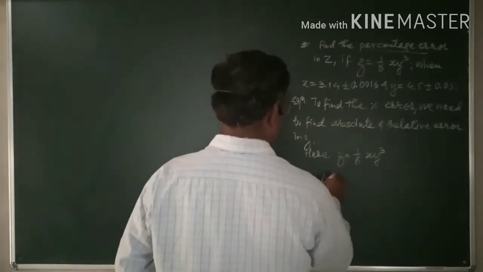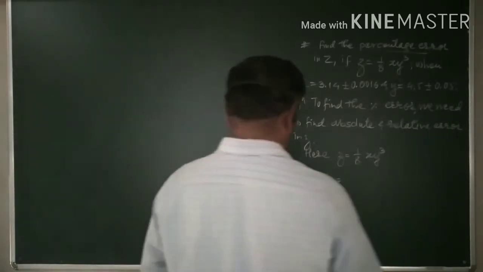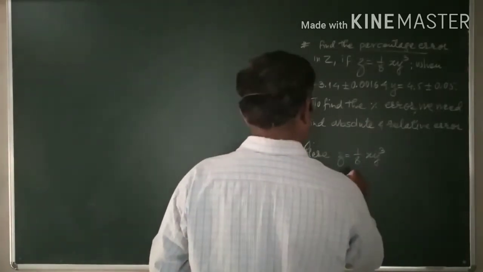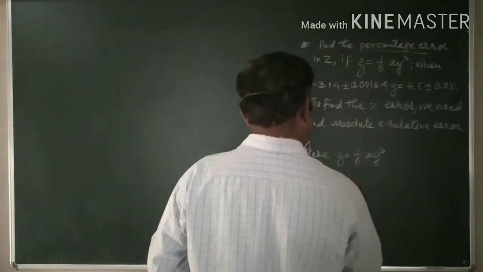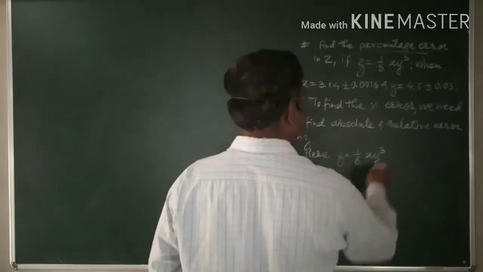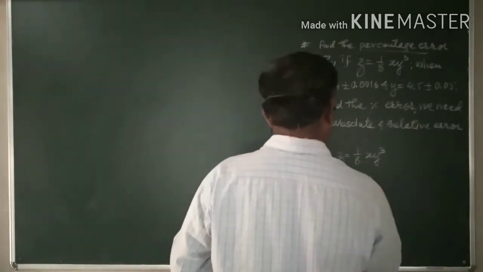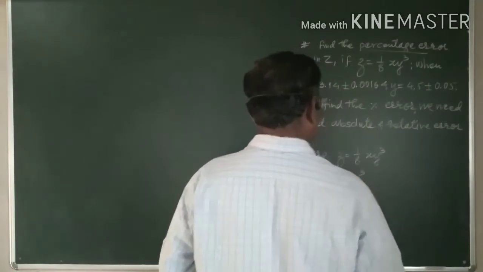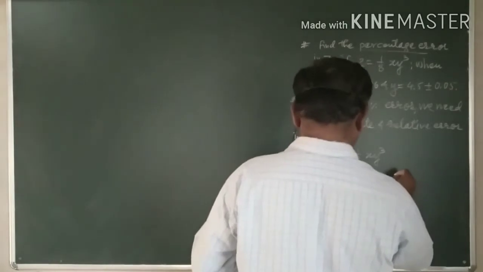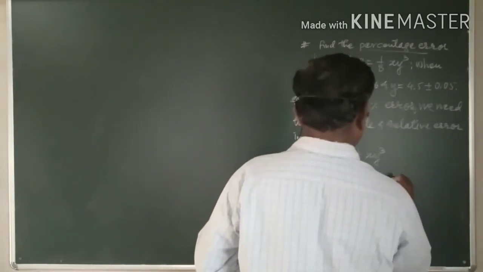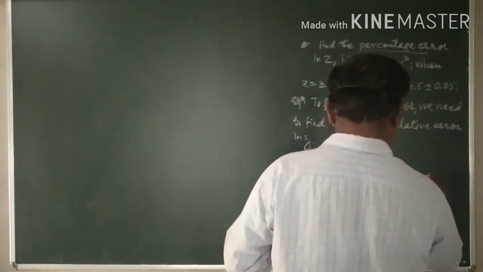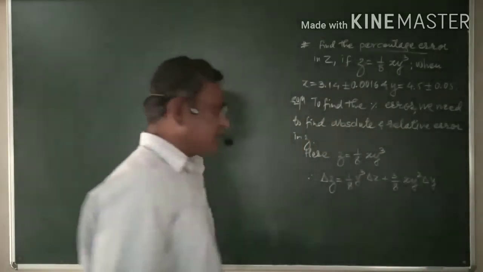Yes, del Z, of course, is nothing but 1 over 8, the derivative of this Z with respect to x, which is 1 over 8 y cube del x, plus, not 1 over 8, 3 over 8 x y square del y. This is our del z.